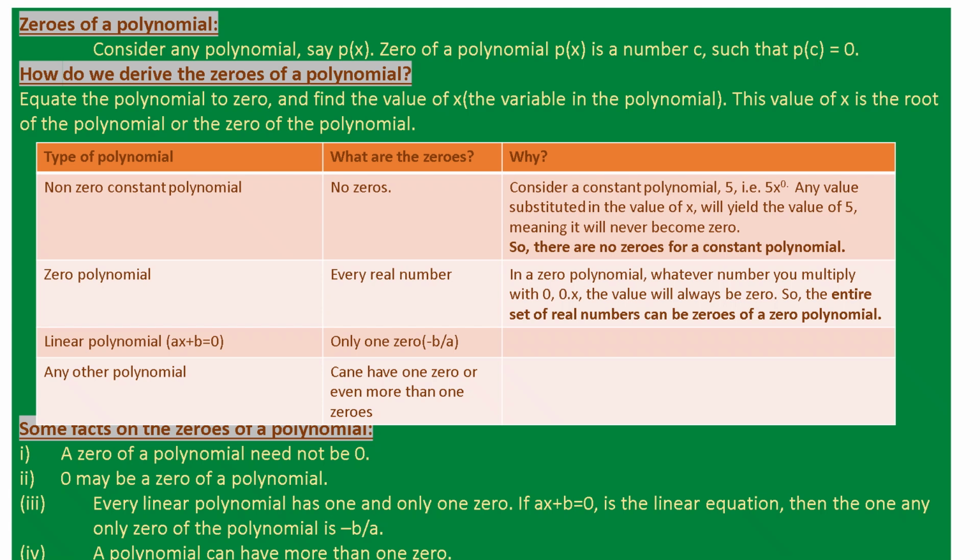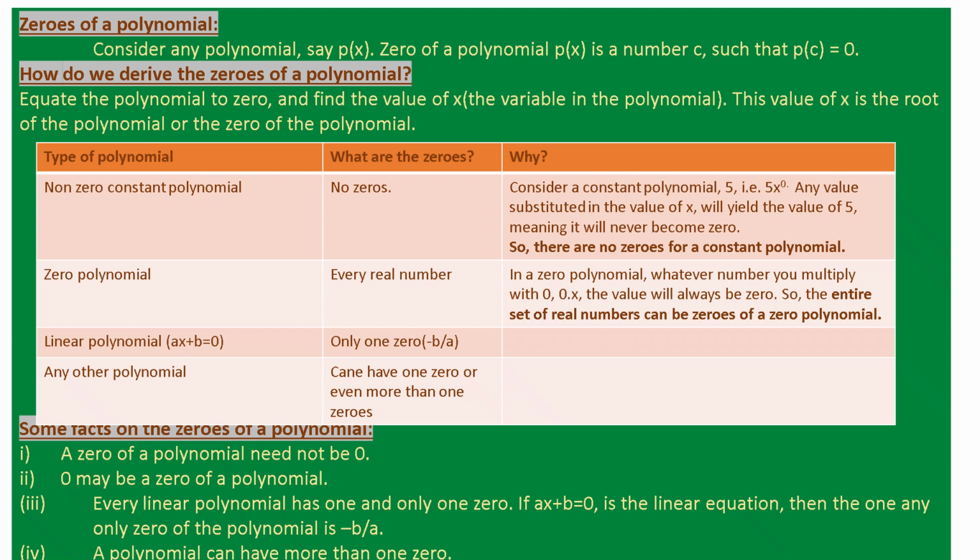So every real number can be substituted for the variable x. Whatever value you substitute for x, the result will always be equal to 0. So, for a zero polynomial, the entire set of real numbers can act as the zeros of the polynomial.